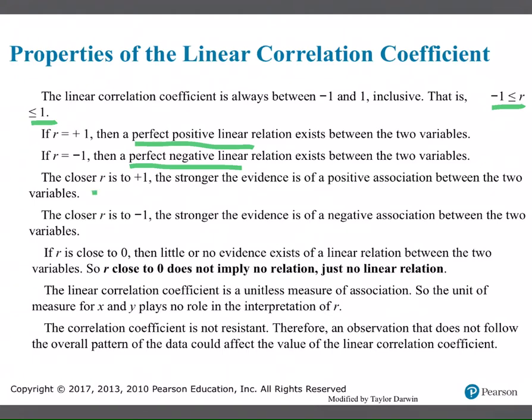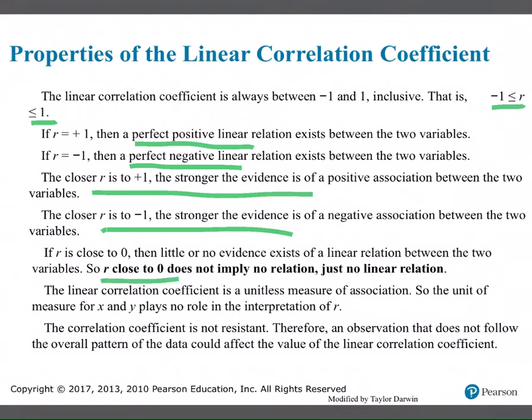If you're close to 1, we have strong evidence to think, well, maybe there's an association between whatever we're looking at. And if it's close to -1, we can say that there's evidence of a negative association between the two.